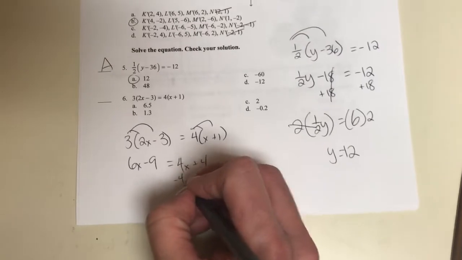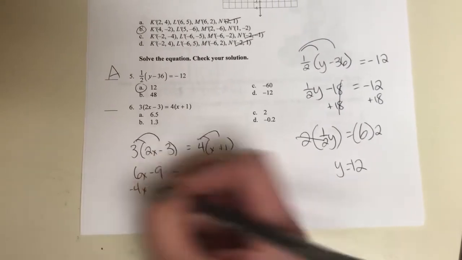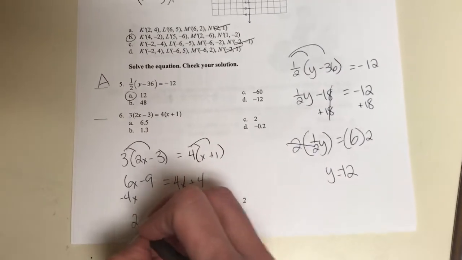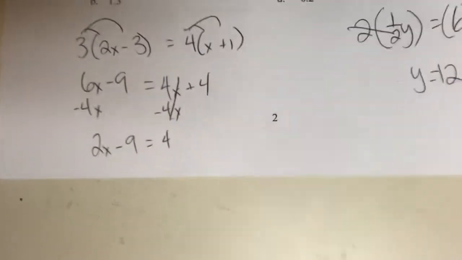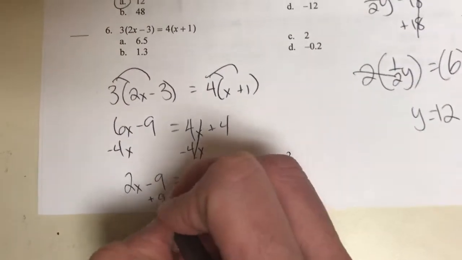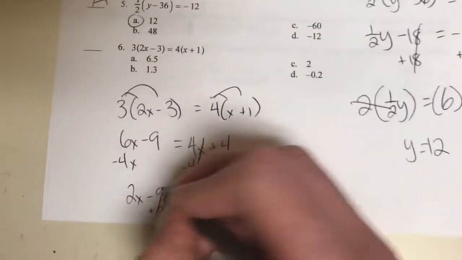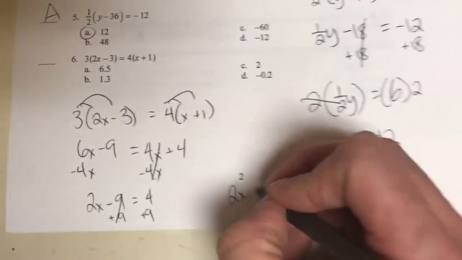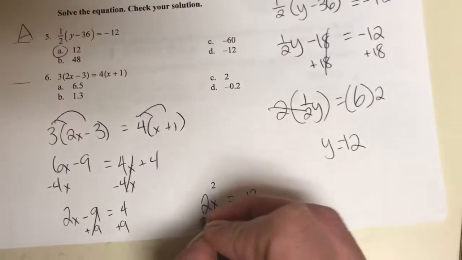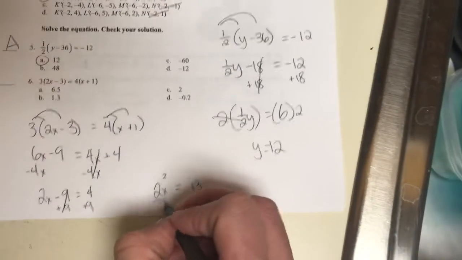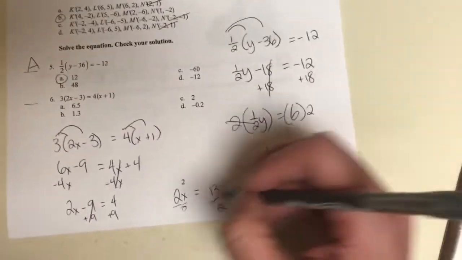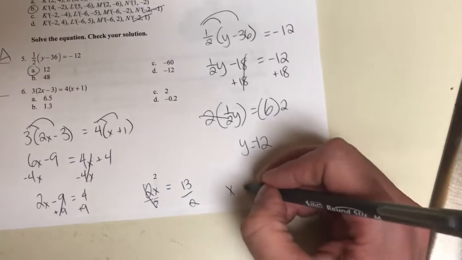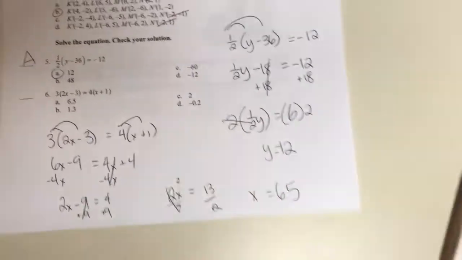Subtract 4x from both sides. So I have 2x minus 9 equals 4. Add 9. 2x equals 13. Divide by 2. Oh, this is hard. Divide by 2. That appears that x will equal 6.5.